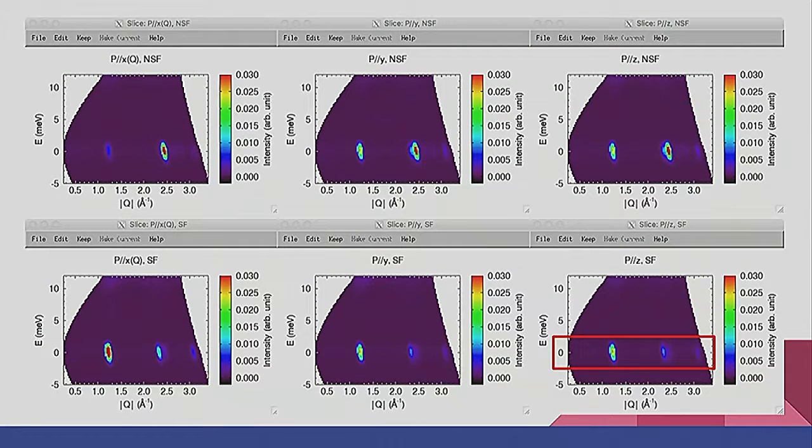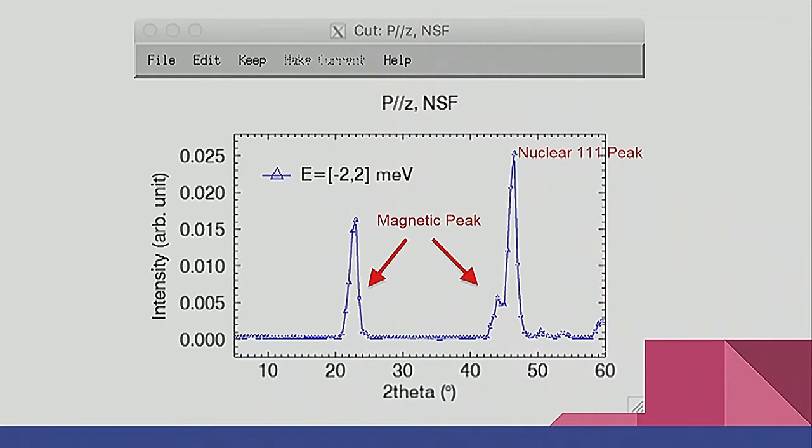Okay, so here are the 6 measurements we did, and we can see there's lots of stuff going on here. We can see the nuclear peaks here at those positions, and let's take a closer look at this one here. This is a cut from the previous picture that I pointed out, and we can see we indeed have this nuclear 111 peak here as we expected, and we also see something here and something here, which looks like they might be magnetic peaks, which is fantastic.